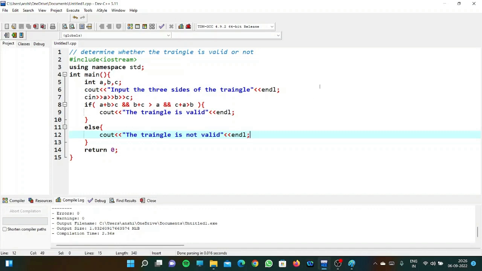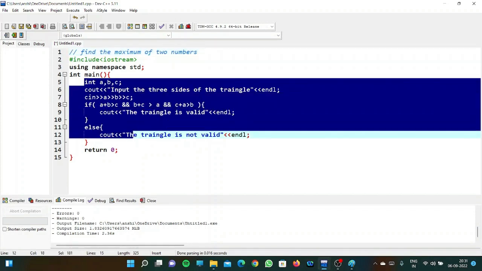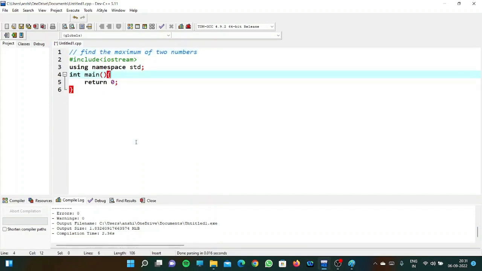Okay, moving on to the next question, that is, find the maximum of two numbers. Int a comma b.